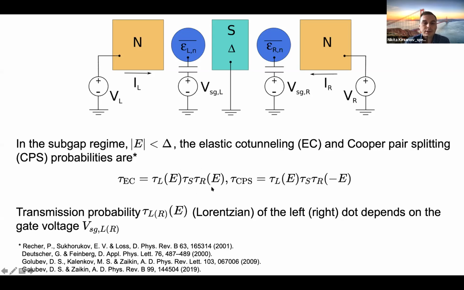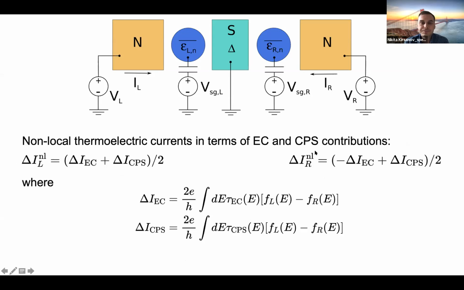Here, tau L and tau R are the transmission probabilities through the left and the right dot respectively. If we use a very simple resonant tunneling model, then those probabilities are just sums of Lorentzians, and the positions of those Lorentzians can be varied depending on the gate voltage on the dot. This was shown in many papers before, so it's a quite known result.